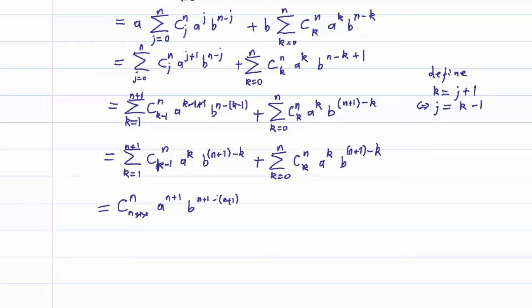That of course cancels out too. Plus, and now there are all the other terms here, so the sum from k equals 1 to only n now, C(k minus 1, n) a^k b^(n plus 1 minus k).